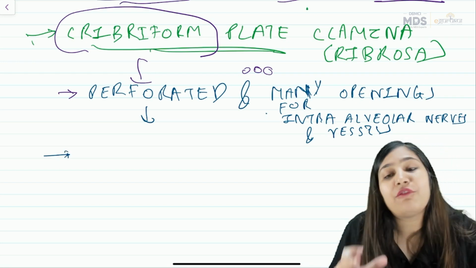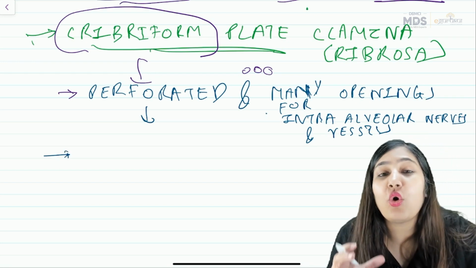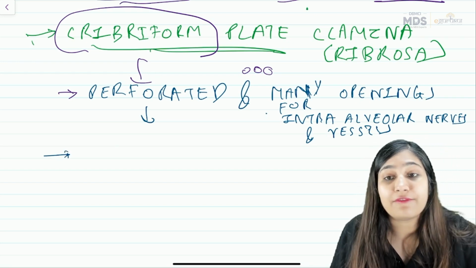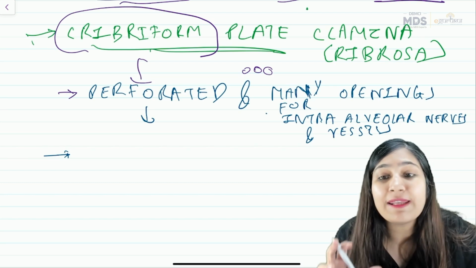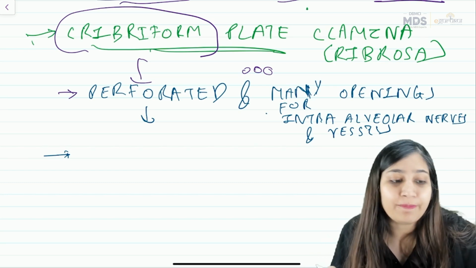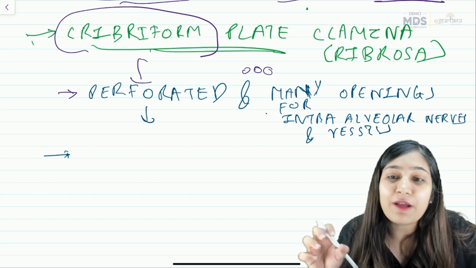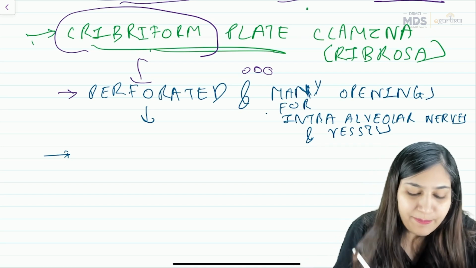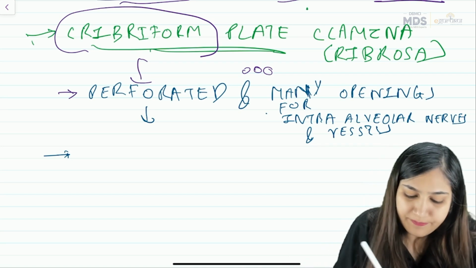Though it has perforations, it appears radio opaque on radiograph, not radiolucent. Radio opaque is white, radiolucent is black. So in spite of having perforations, it appears radio opaque.